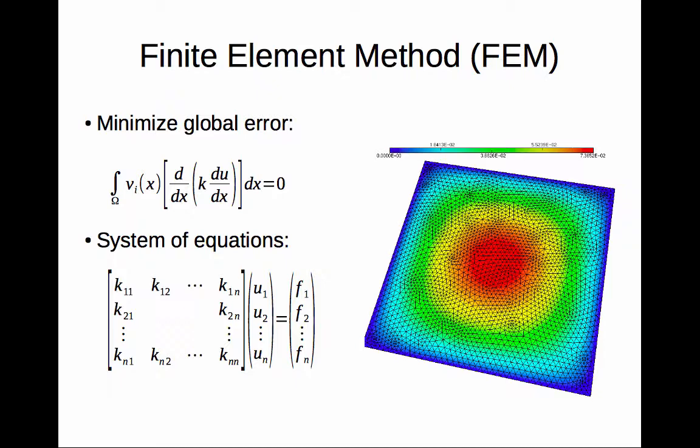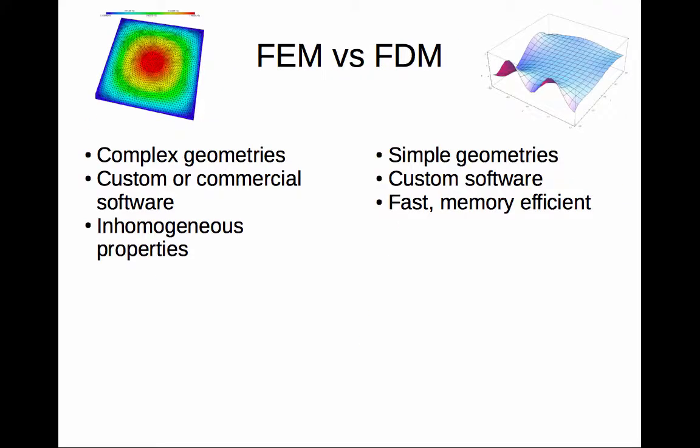We've been looking at temperature, so I'm using U here. You can solve this system of equations using iterative or direct solvers. It doesn't matter. But either way, you get a solution that is in all ways similar and equivalent to the finite difference solution. These two methods are both powerful and both used commonly by researchers and people in industry.